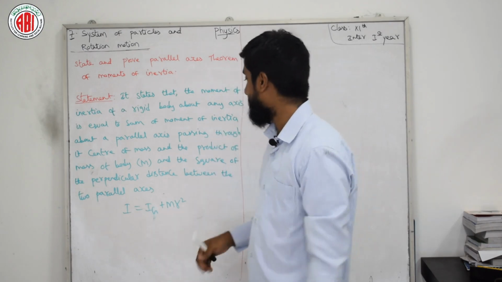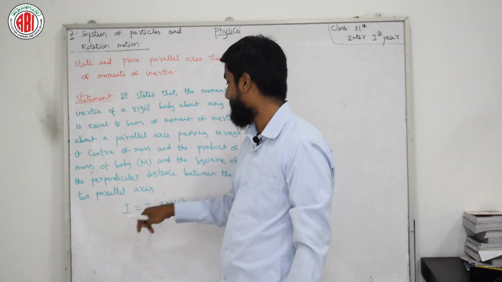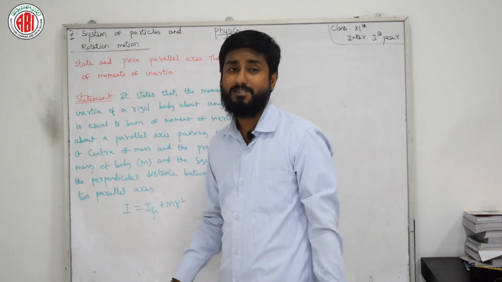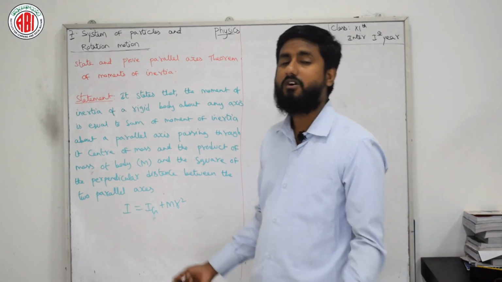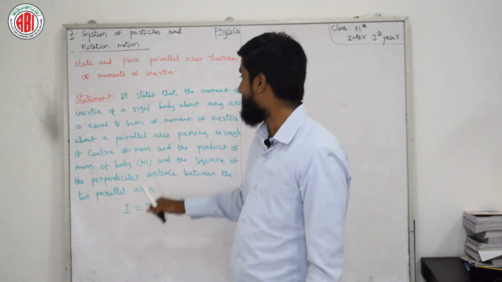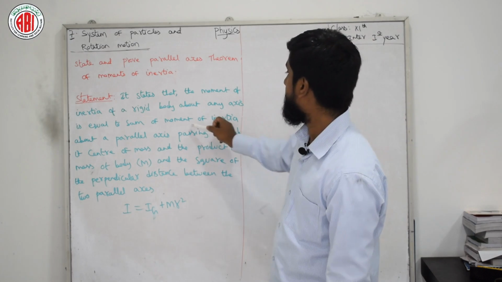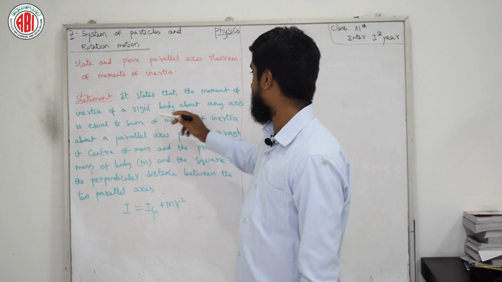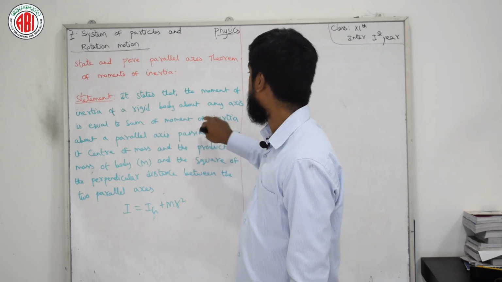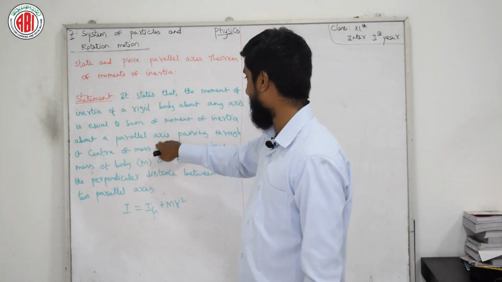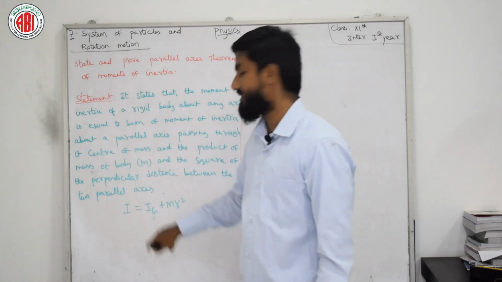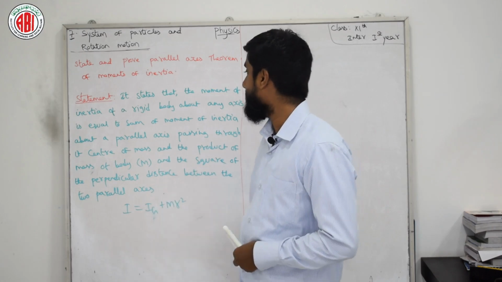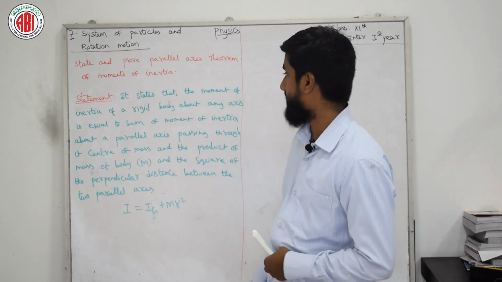So here we have one formula: I equals Ig plus Mr square. Here M is nothing but mass, where R we know is always the distance, whereas Ig is the moment of inertia of the rigid body about the parallel axis passing through the center of mass.